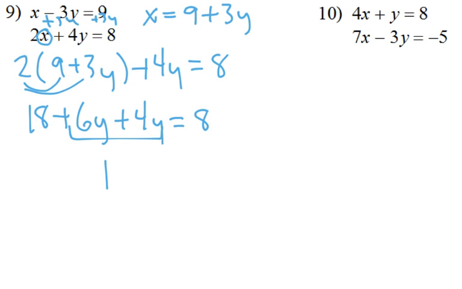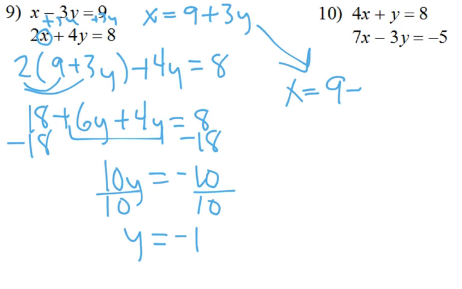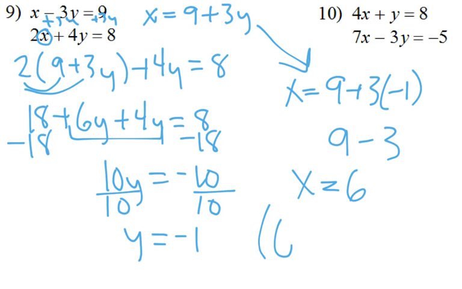So that becomes 10y, subtract 18, becomes equal to negative 10, divide by 10, y equals negative 1. Go back to here and say now we can figure out what x is by times it by negative 1. And we get our x is 6, our y is negative 1. That's our answer.